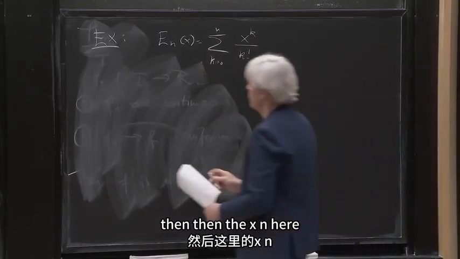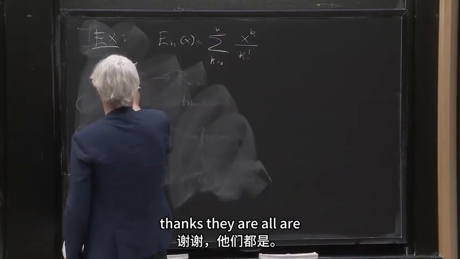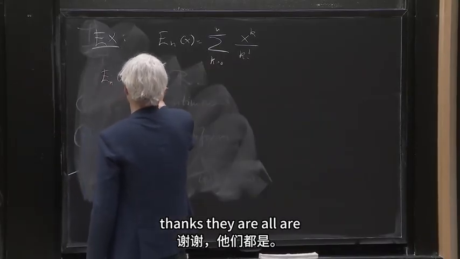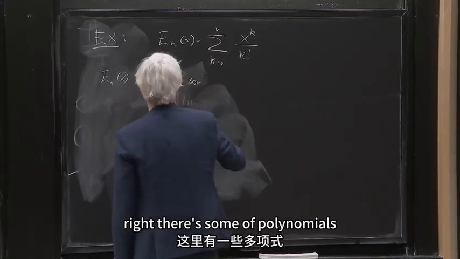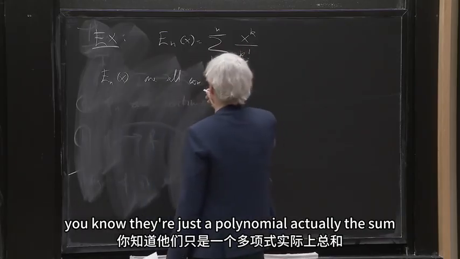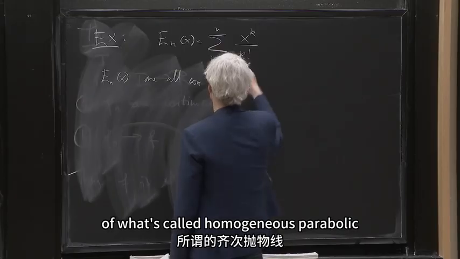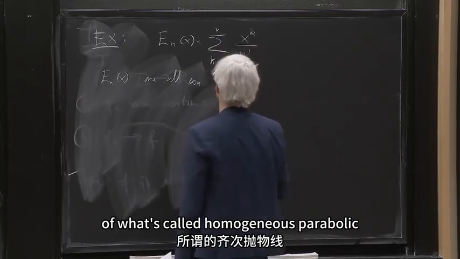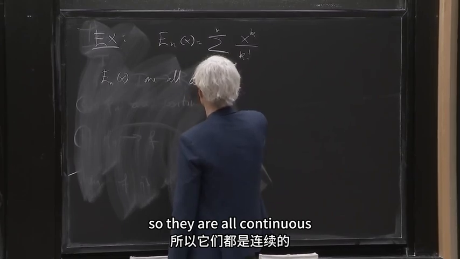Then the Xn of x are all continuous. They are sums of polynomials, actually sums of what are called homogeneous polynomials, but they are themselves polynomials, so they are all continuous.